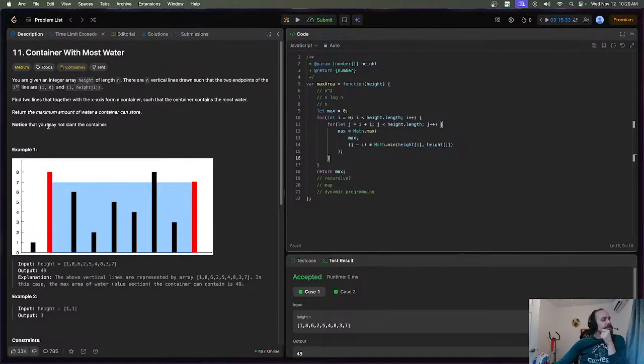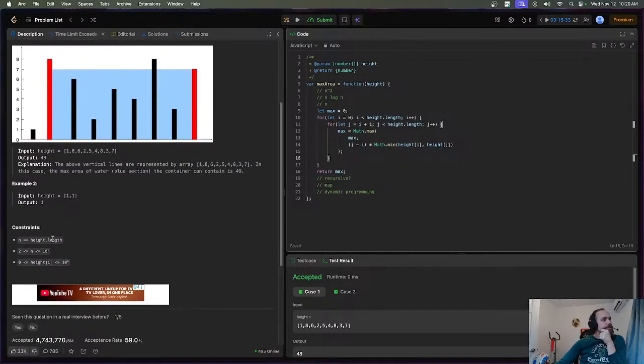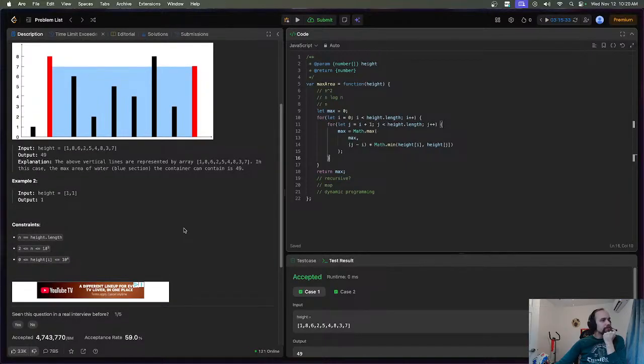Notice that you may not slant the container. In this case, area is blue, 49. Do the constraints help us at all? They could be 0. There's always at least 2.